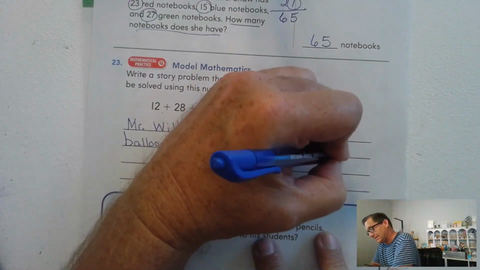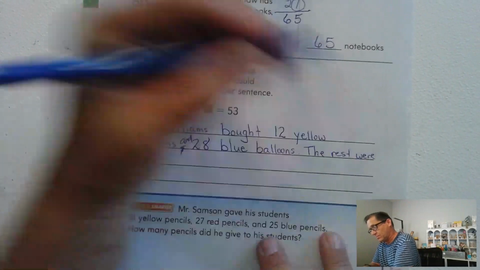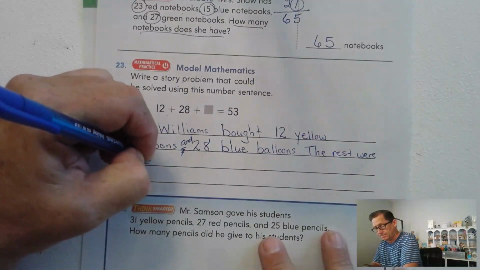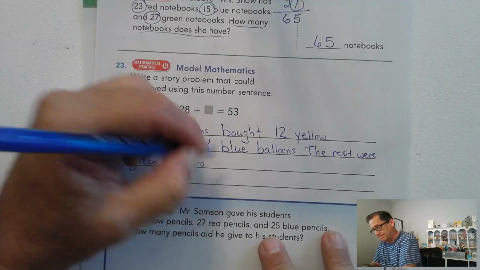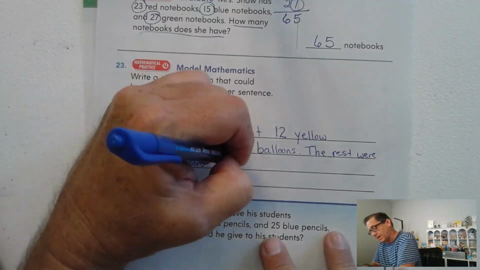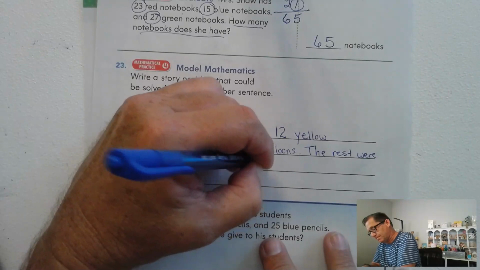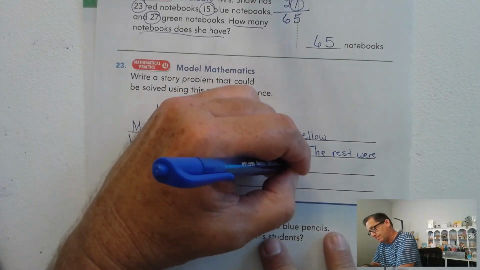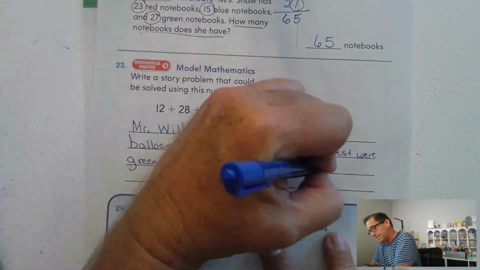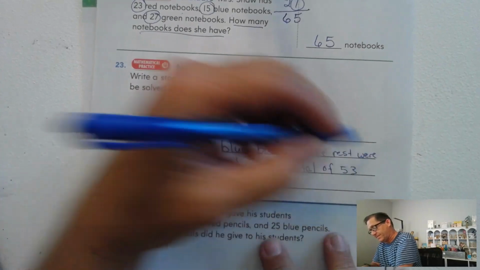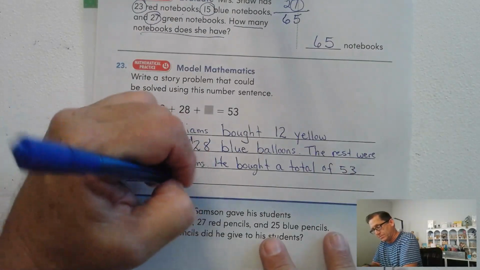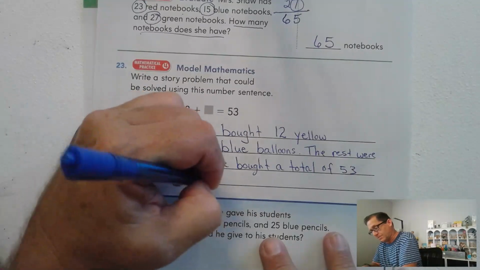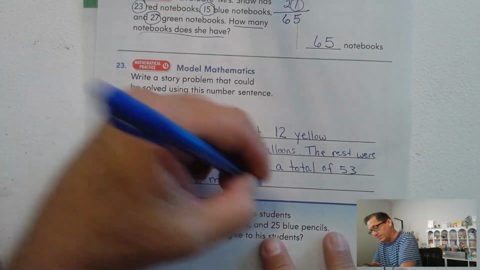The rest were green balloons. He bought a total of 53 balloons. So the question is, how many green balloons did he buy?